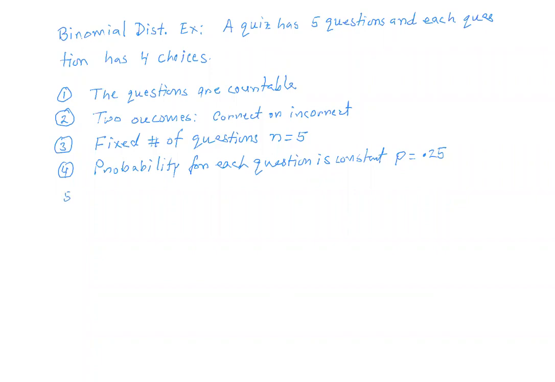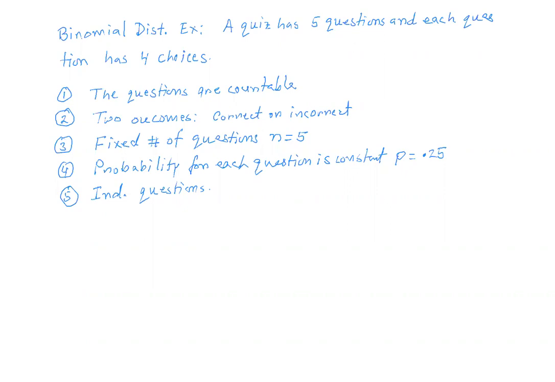Number 5, independent questions. That means how you answer one question does not influence the outcome of any of the other questions. So how you answer question number 1 will have no bearing on question number 2, 3, 4, or 5.